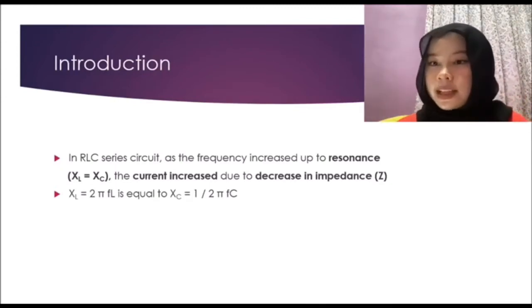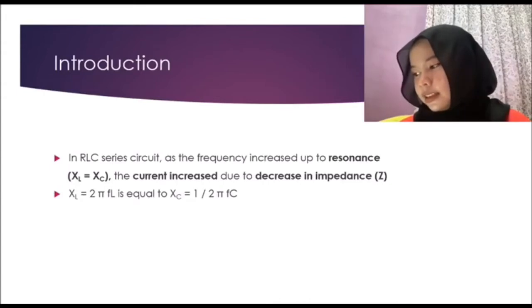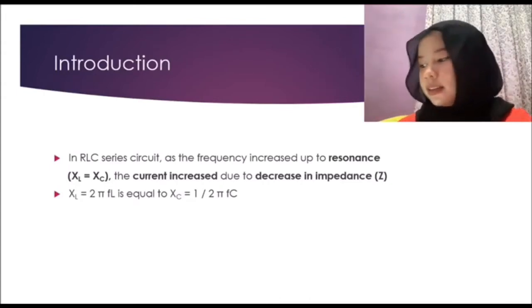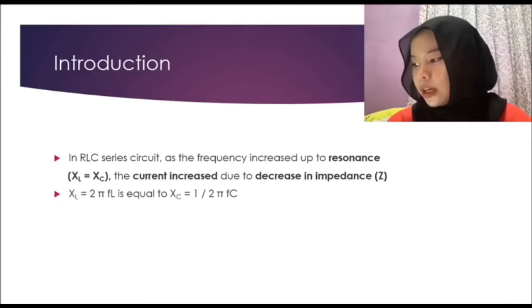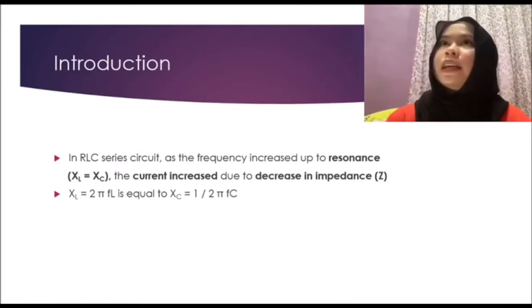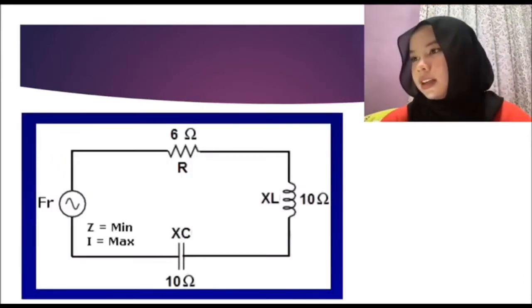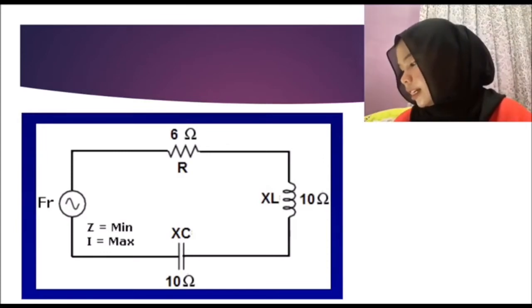Then XL is equal to XC, where XL is equal to 2 pi FL and XC is equal to 1 over 2 pi FC. The picture shown is the RLC series circuit.